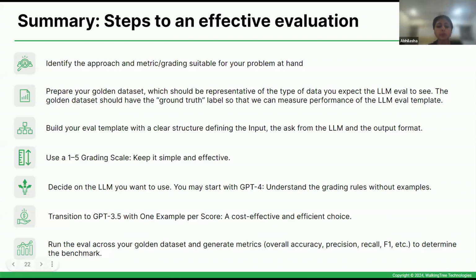There are more and more LLMs and SLMs coming up. So you can decide which LLM you want to use for your evaluation, because evaluation is something you would be doing iteratively. So cost is something you may have to look at, and that's where GPT-4 can become a costly option. GPT-3.5 definitely would be a more cost-effective option. And then you can look at the other LLMs also.